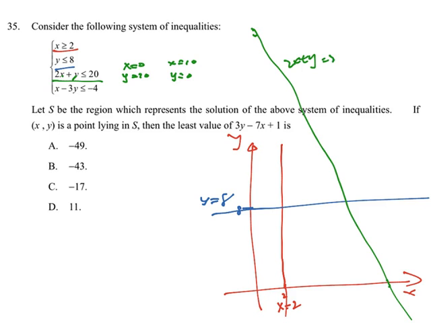For the last one, when x is 0, then y is equal to 4 over 3, which is 1.33, and for y equal to 0, x is negative 4. Negative 4 is around here. So the graph is about like this.